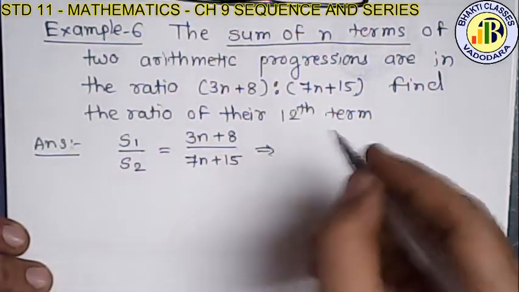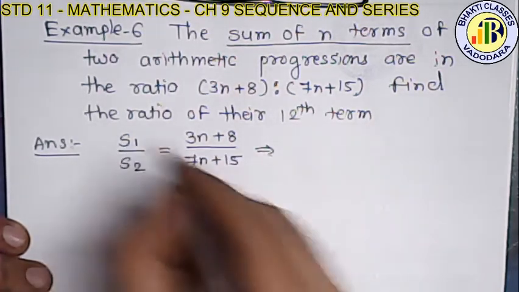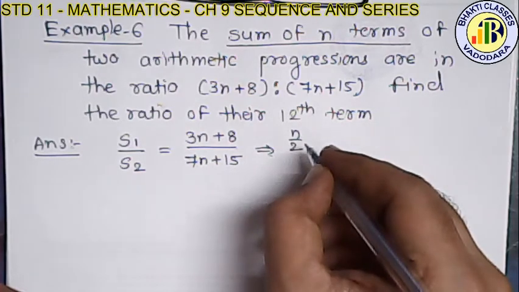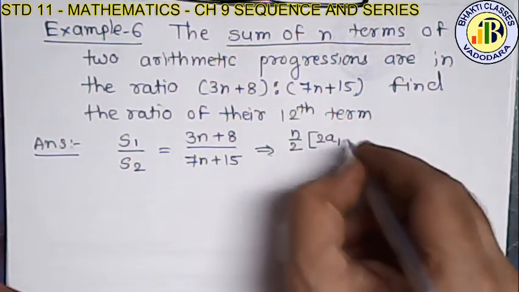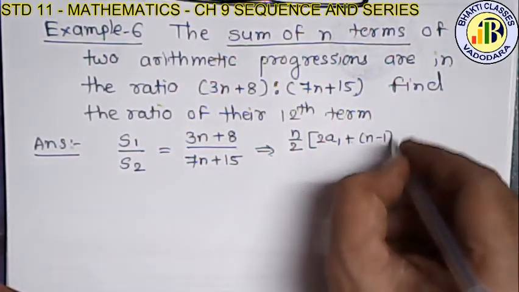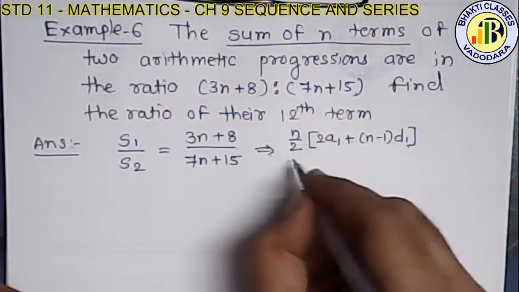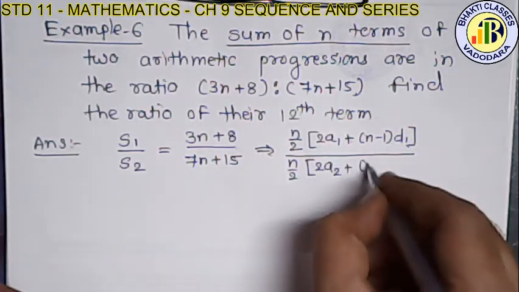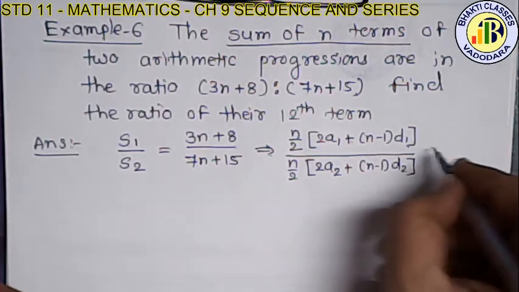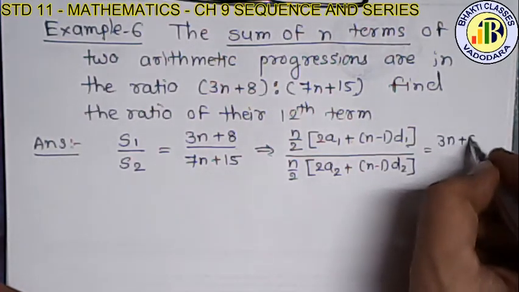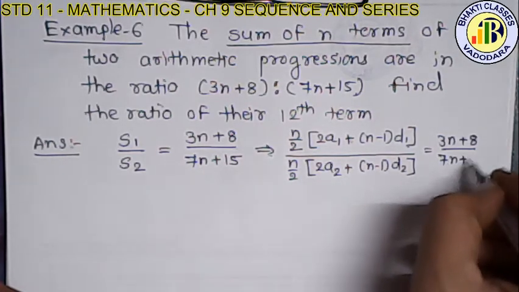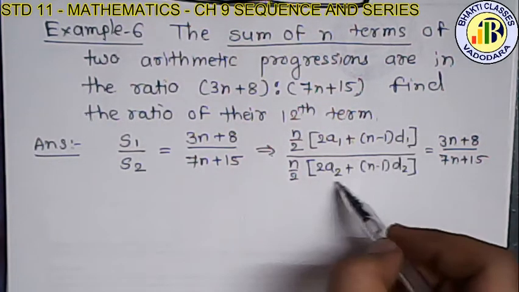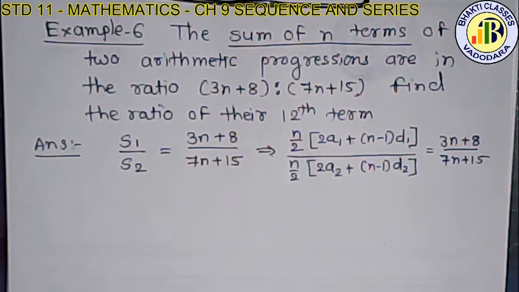We have the Sn formula. So for the first series, S is n by 2, and the number of terms is the same, n by 2 into bracket 2a1 plus (n minus 1) into d1, upon n by 2 into bracket 2a2 plus (n minus 1) into d2, is equal to (3n plus 8) upon (7n plus 15). दो अलग अलग APs हैं तो उनके a1 और d1, a2 और d2 अलग होंगे. नंबर ऑफ टर्म्स तो दोनों के सेम ही हैं.